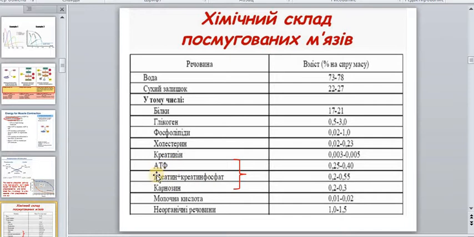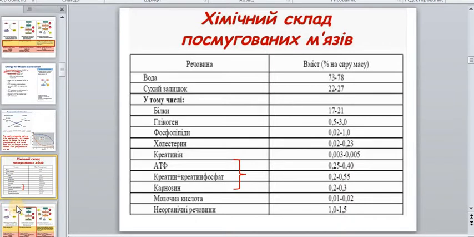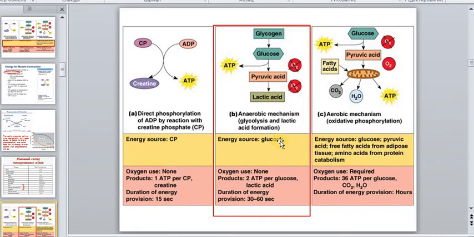You see here there is not so much creatine and creatine phosphate inside the muscle fiber. So next one, we need the glucose pathway, the glycolytic pathway, or lactate or anaerobic pathway.